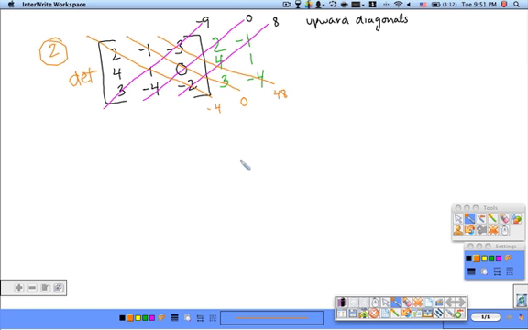Alright, almost finished. How do we finish the problem? So these are called our downward diagonals. Now the book doesn't exactly do it like this. They do, but they don't explain it, so I'm just explaining it in more detail for you. Here is how you finish the problem. You find your upward diagonals, you find your downward diagonals, and what you want to do is you might want to circle these three, circle these three.